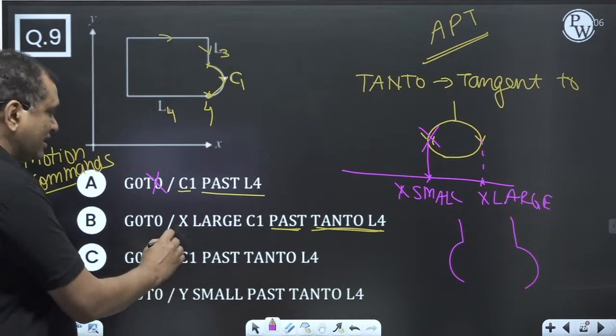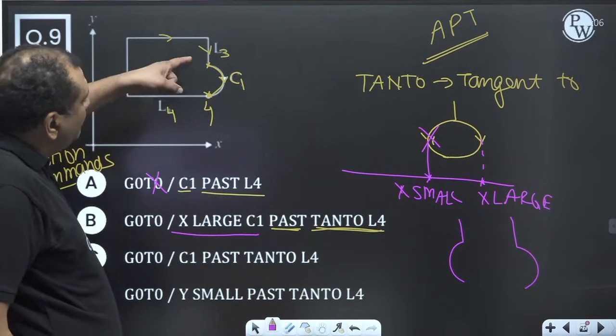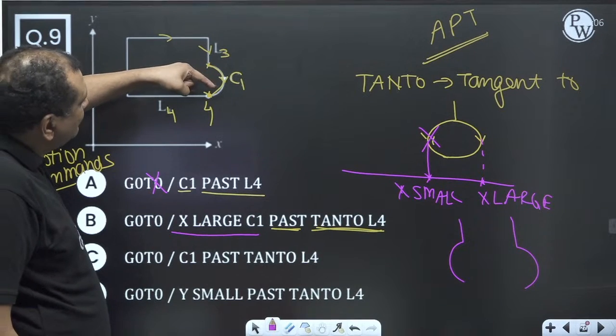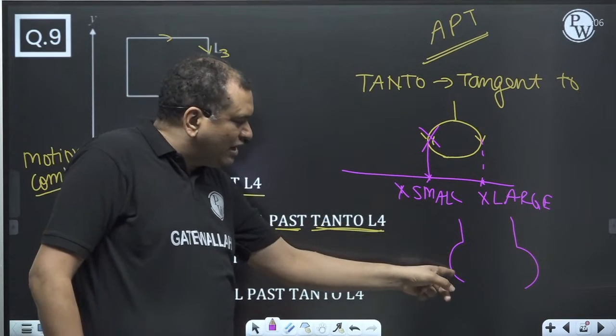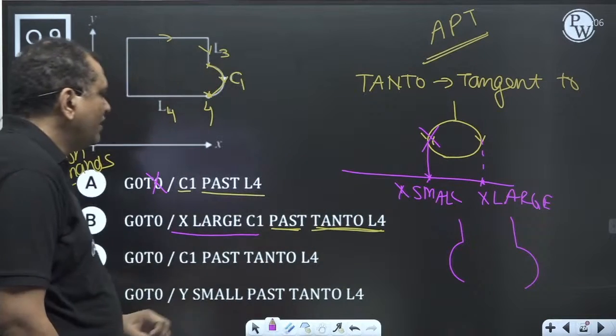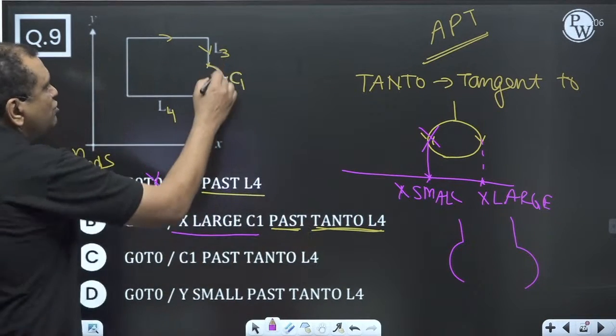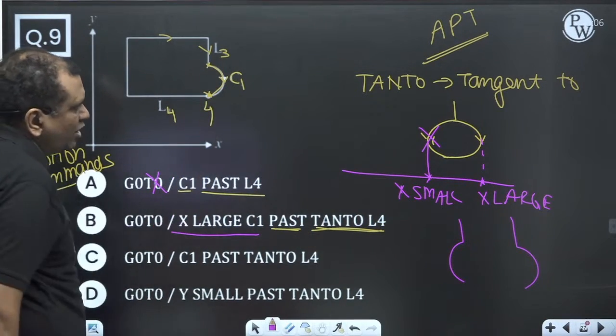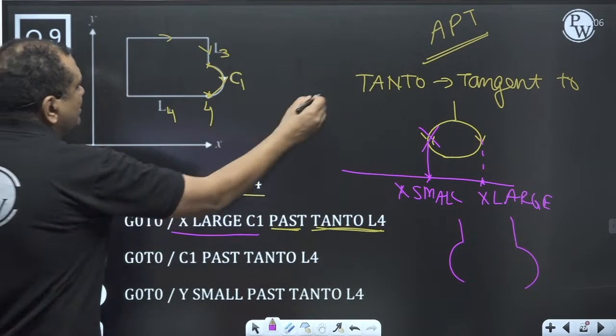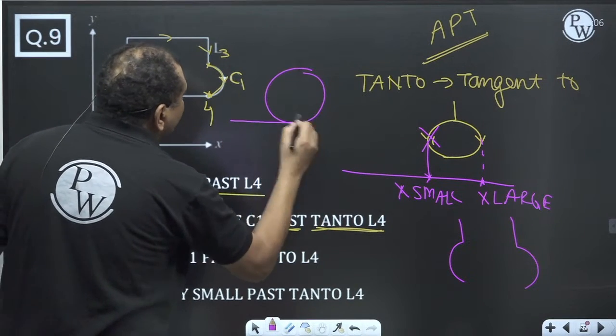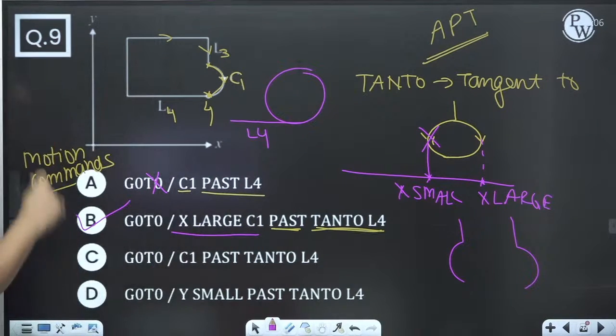So X large is the correct statement because my cutter will move along this curve. X small means the cutter will move along this curve. Past 10 to L4. So how long do we have to move with the feed? Till the circle becomes tangent to L4. So B is the correct statement.